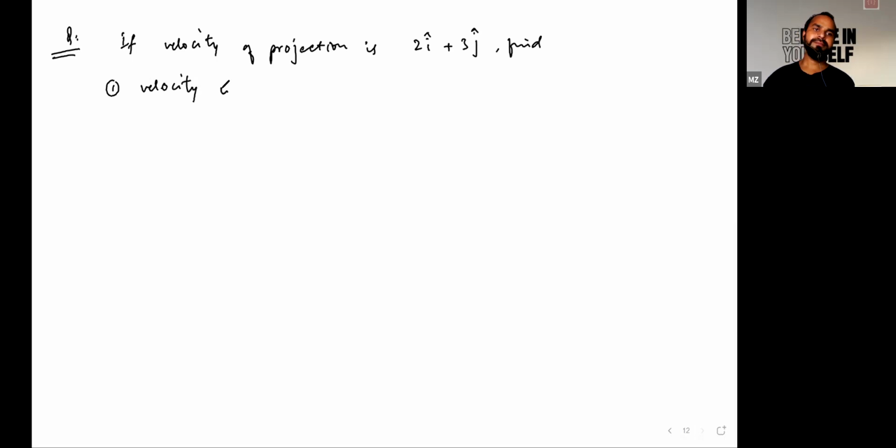If the velocity of projection is 2i plus 3j, find first, the velocity with which it will hit the ground.